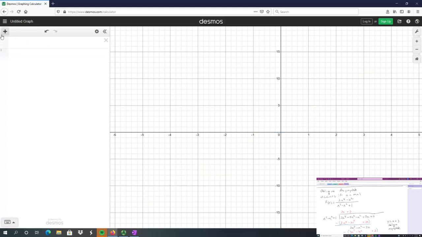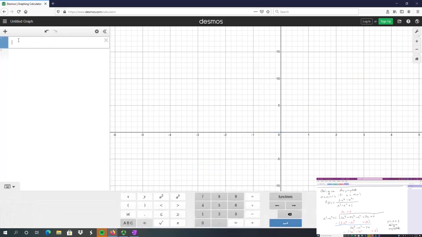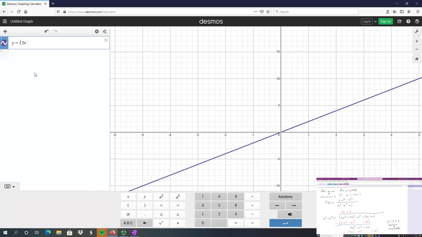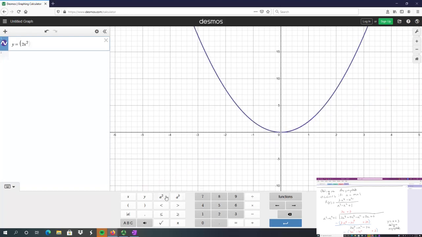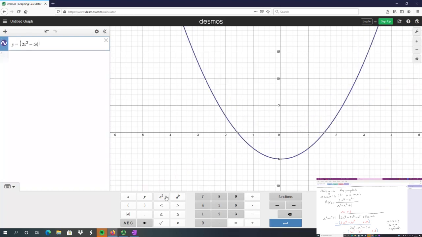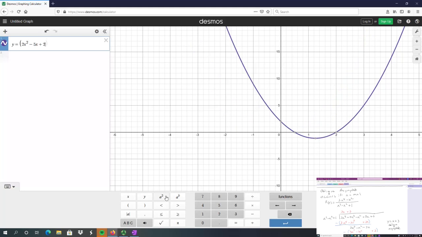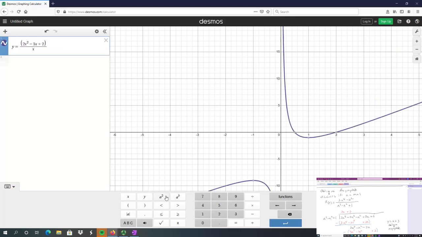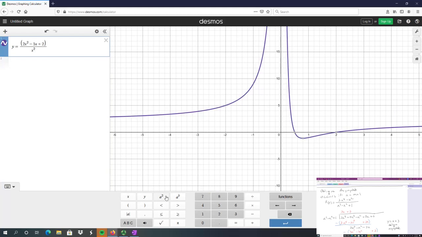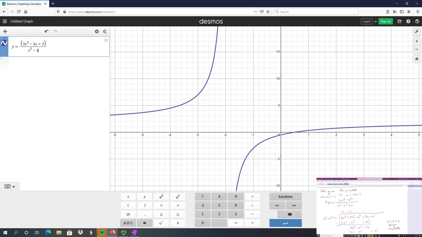We do this one. So y equals 2x squared minus 5x plus 2 divided by x squared minus 4, and we get a graph.